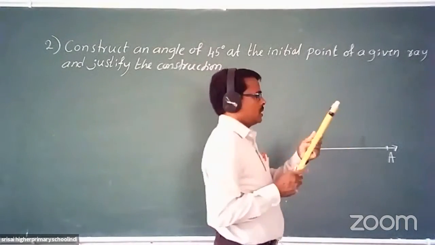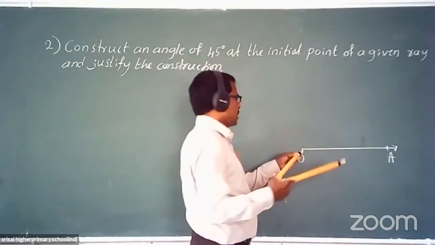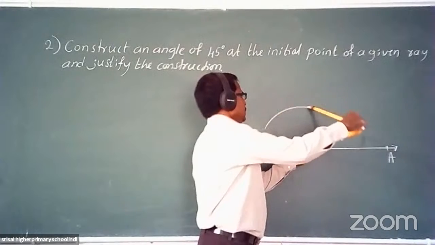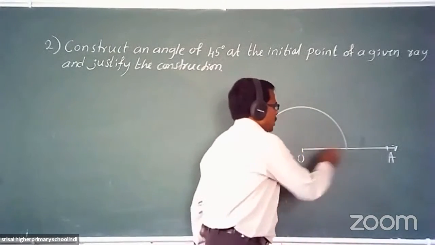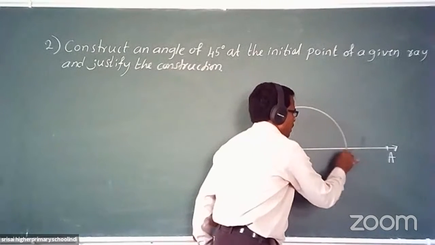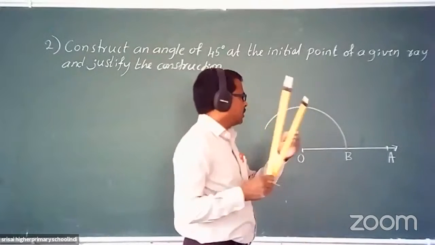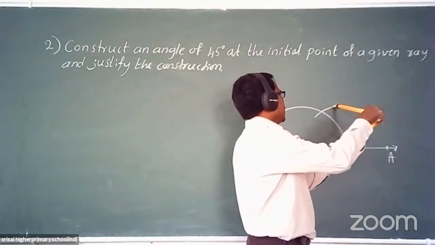Using the compass, keep the fixed arm of the compass on O and draw an arc. Let this arc cut OA at B. Then, without changing the arc length, keep the fixed arm of the compass on B and cut the previous arc.